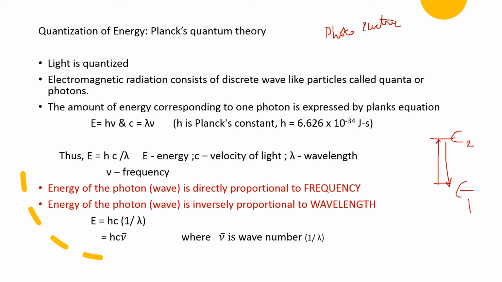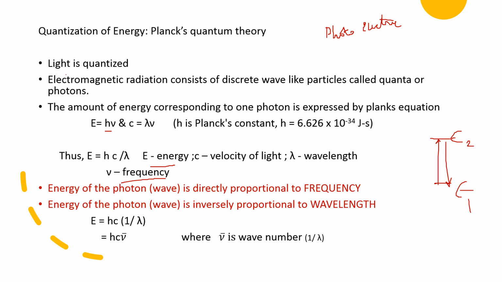E is equal to h nu. E is the energy, nu is frequency expressed in hertz, h is Planck's constant, 6.626 times 10 to the power minus 34 joule second.